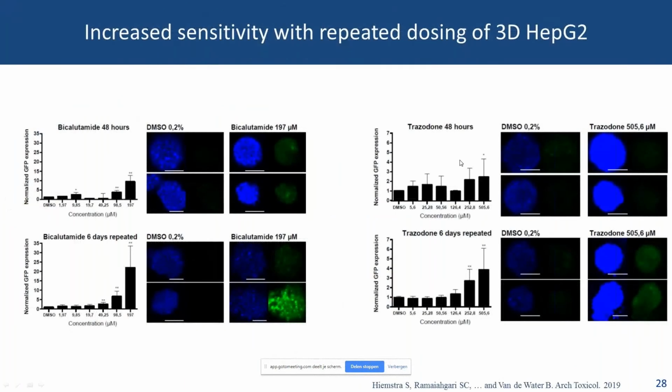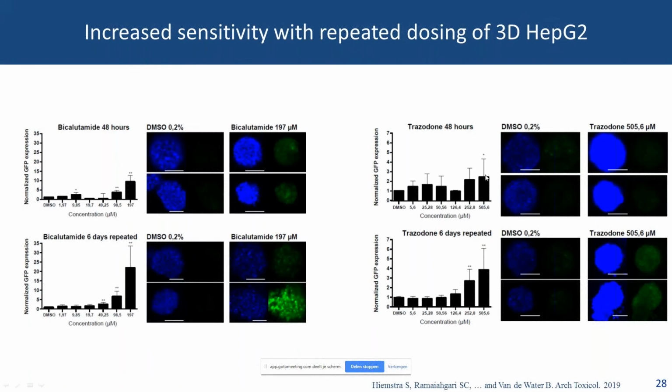All right, so the big question is, of course, how does the 3D system perform? And at first we focused on the issue, is repeated dosing making a difference? And for this we screened 2 compounds that are actually falsely negative in our 2D screen. And in the 3D system, you can see that there is actually a dose-dependent induction for this specific compound. For this, we actually focused on sulfiredoxin GFP, so oxidative stress.